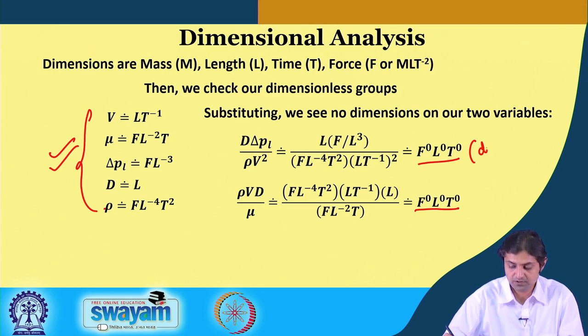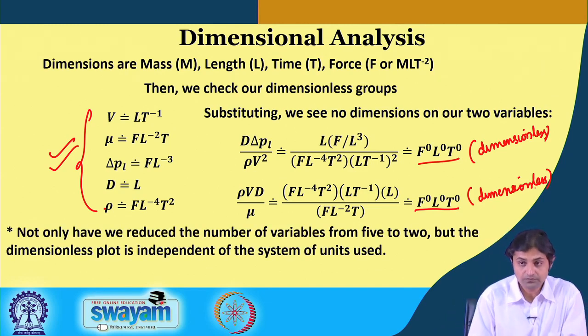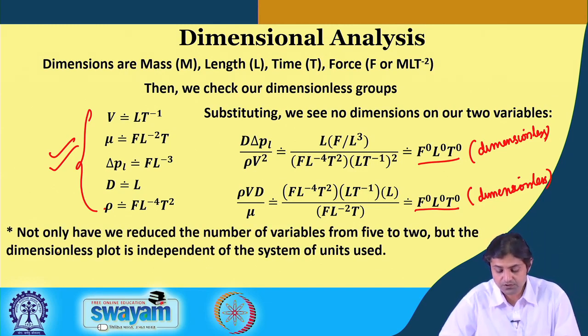So, basically this means dimensionless. Okay. So, now we have not only reduced the number of variables from 5 to 2, but the dimensionless plot which we have got in the last slide is independent of the system of units used.